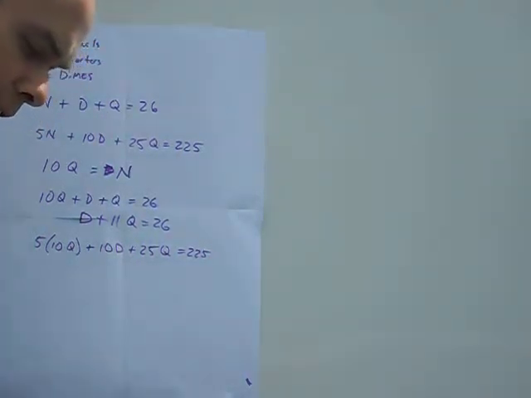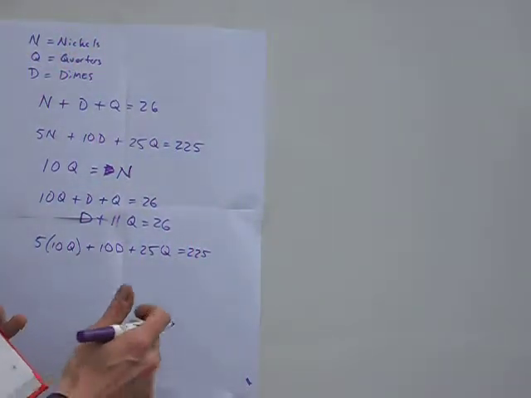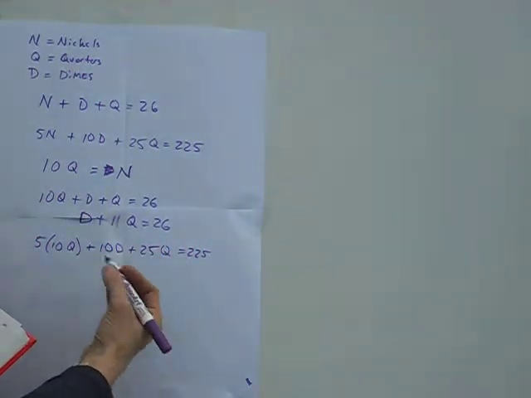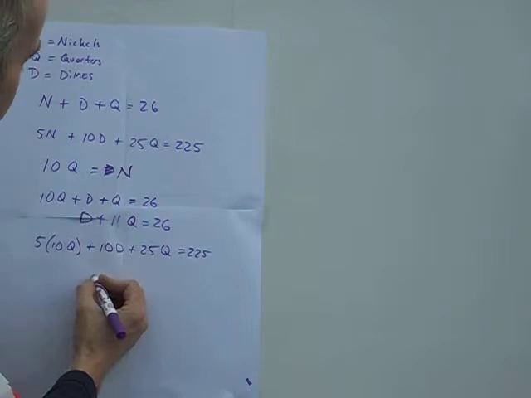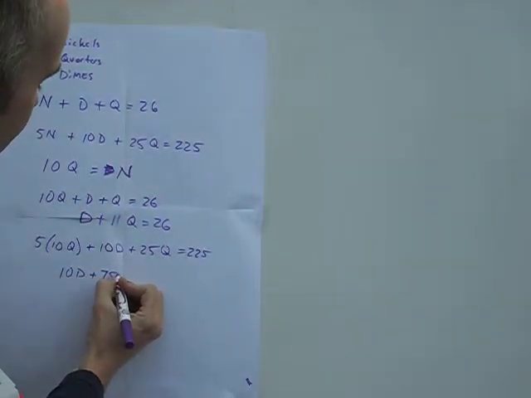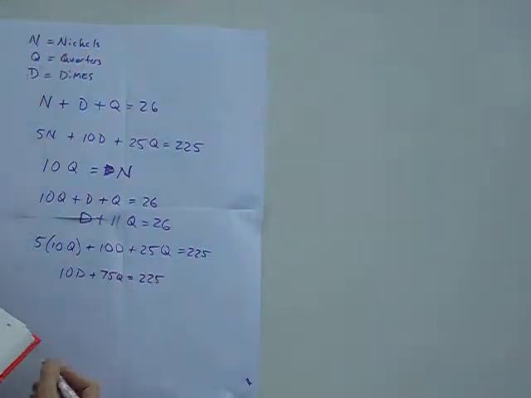Make sure we're not going off track here. Okay. And if we finish this one out, we have 50q plus 25q is actually 75q. So we have 10d plus 75q is equal to 225.